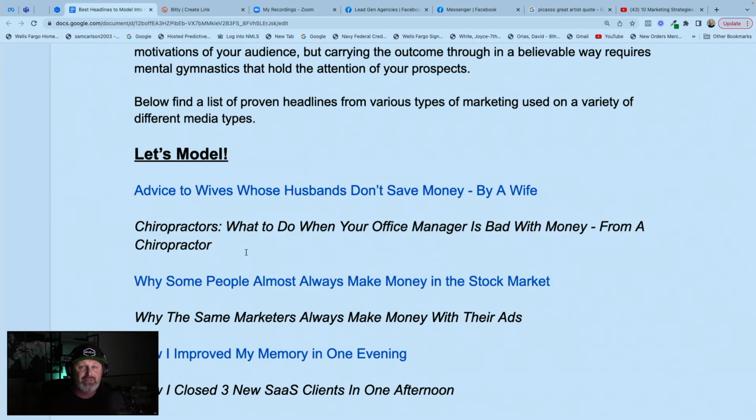But if they're not good at any part, including money, the clinic can really suffer. So I basically took the same ideas: an important role in the family, husband; an important role in the clinic, office manager; and then doesn't save money well, bad with money. These are very similar in terms of the model here.